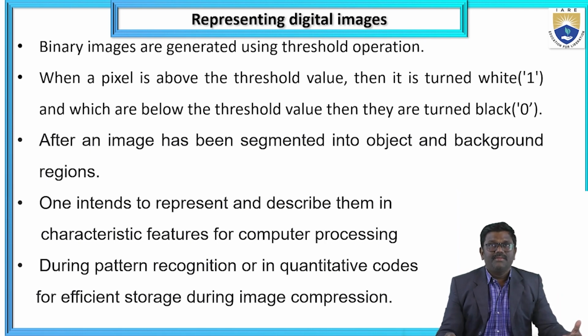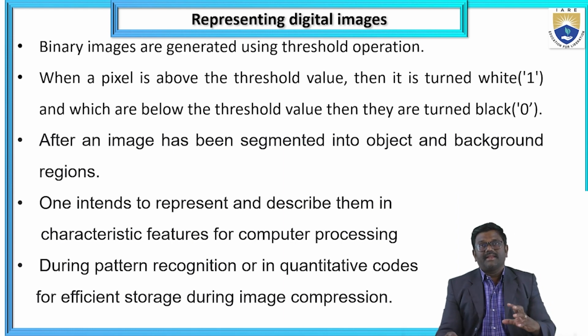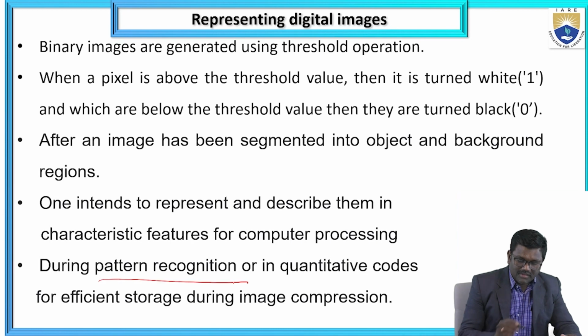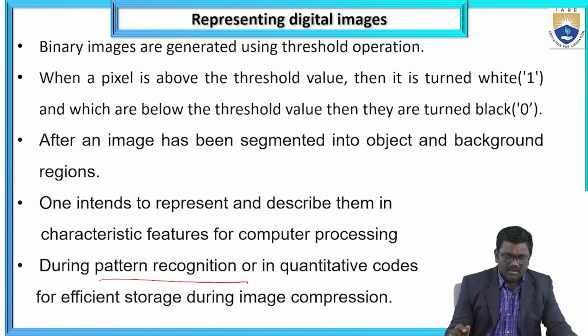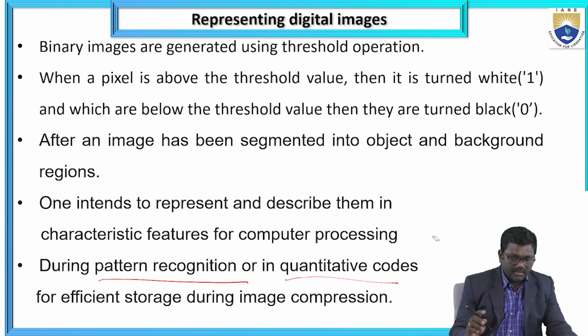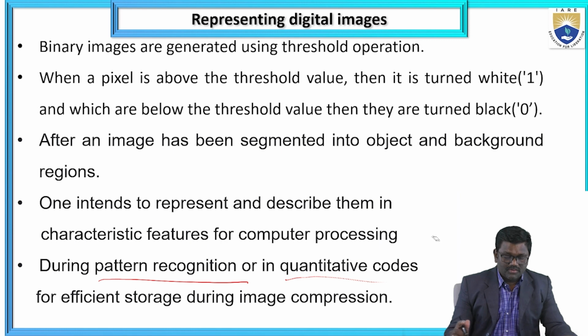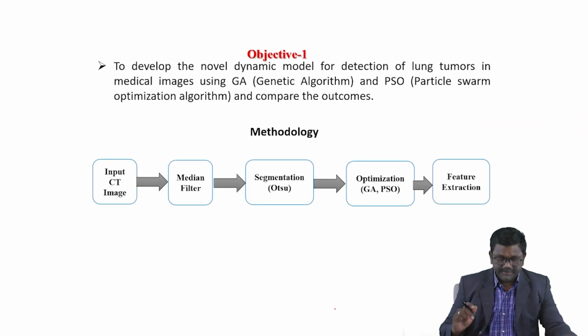In binary image processing, we can concentrate much more on describing characteristic features for computer processing, during pattern recognition. This is an application of pattern recognition, or quantitative codes used for efficient storage during image compression.